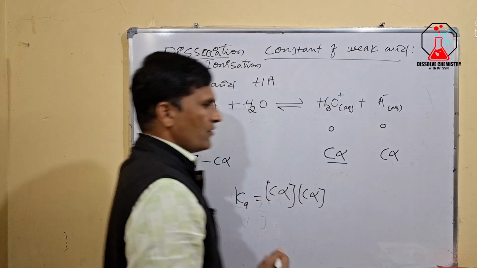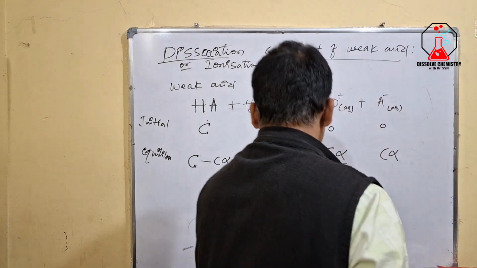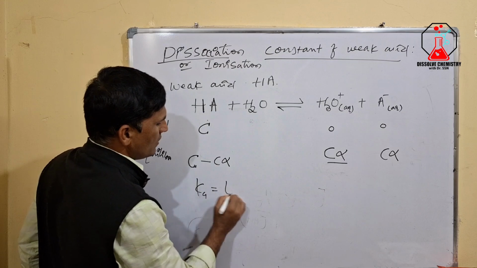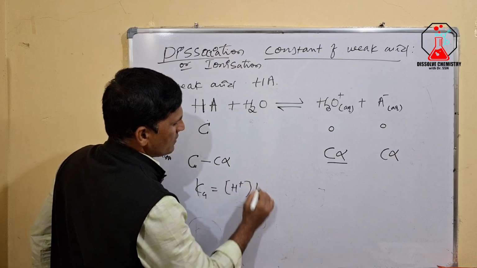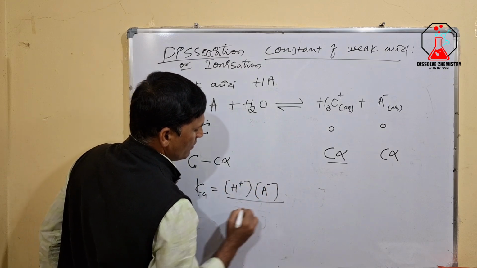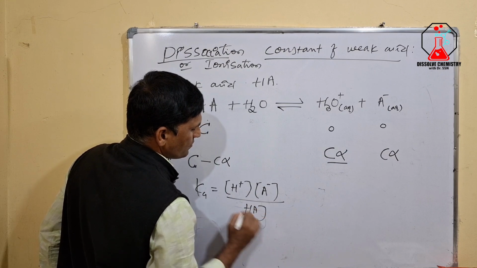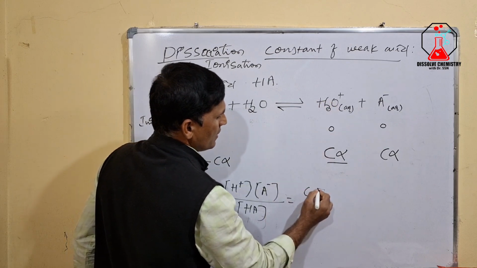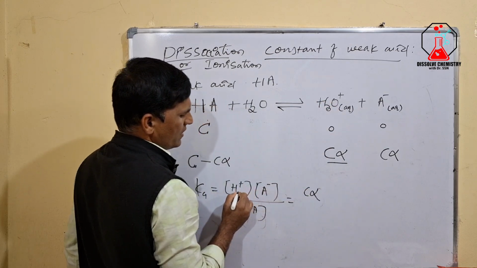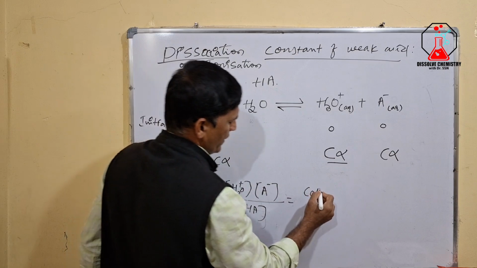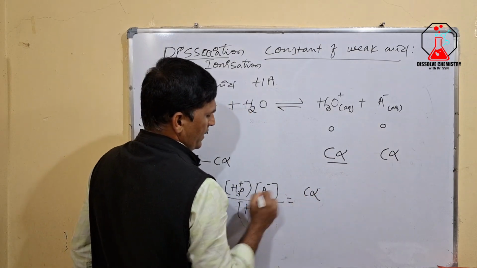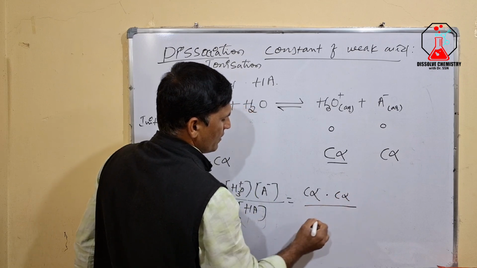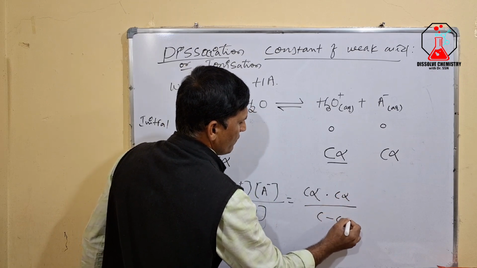If you do not remember, we will write it: Ka is equal to [H+][A-] divided by [HA]. H+ is C alpha (H+ or H3O+, both are one and the same, don't worry), and A- is also C alpha, divided by C minus C alpha.